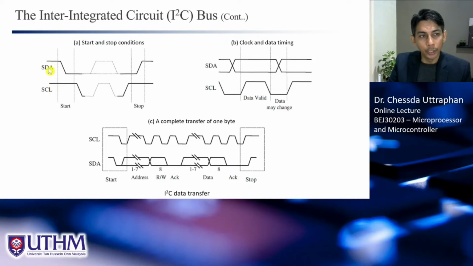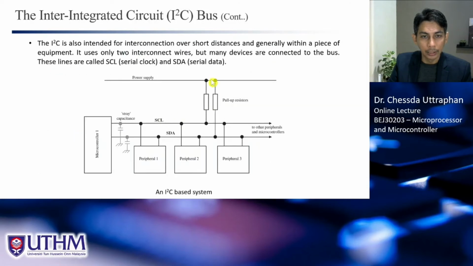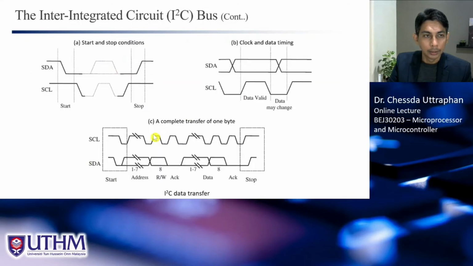So how to start the communication? Initially, remember, both the data and the clock are always logic 1, because we have them connected to the power supply. So it is always 1. And the master, or the microcontroller, will control the clock, right?